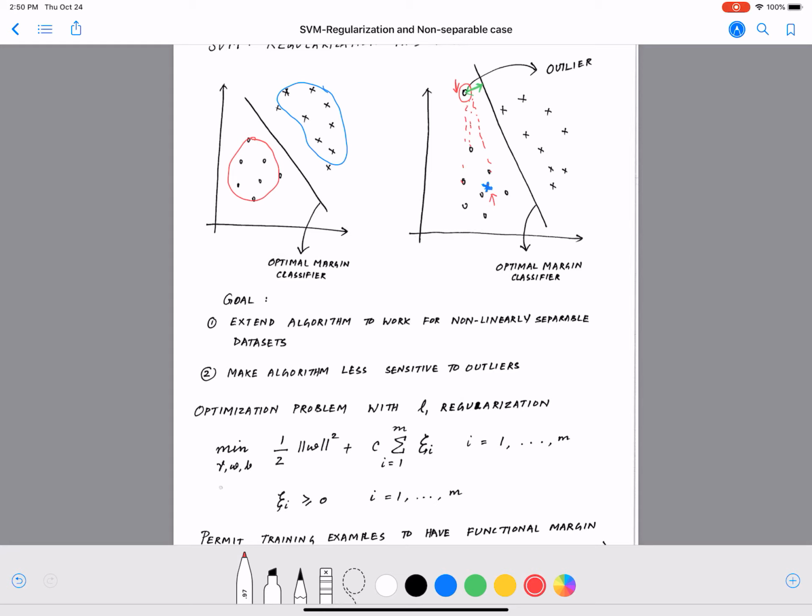So all these things are accomplished by this modification. All right, so now let's look at the problem. So we have a min over a distance, which we already know, this distance. And to that, we are adding this term here.